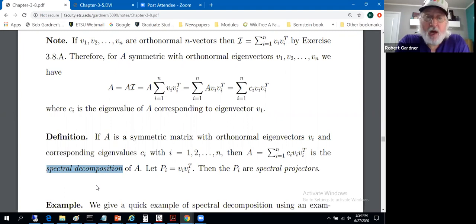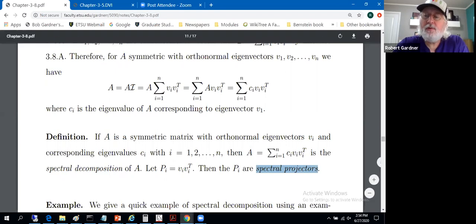Here we're dealing with a sum. We're going to define P sub I to be the outer product of eigenvector V sub I with itself, and those are called spectral projectors.